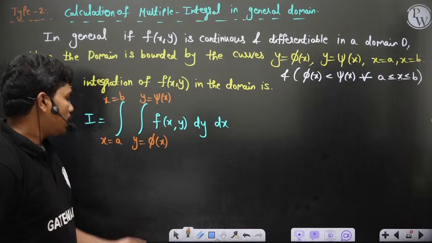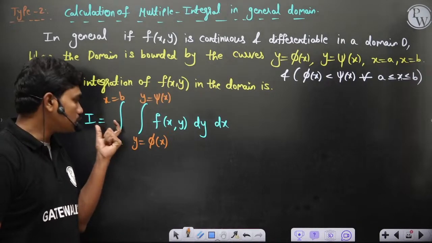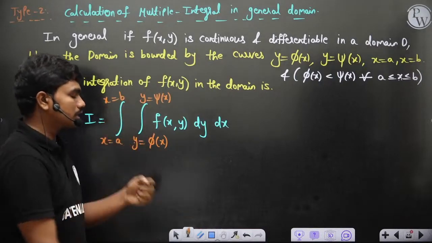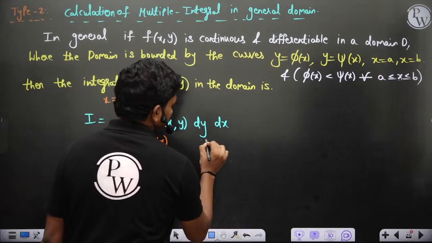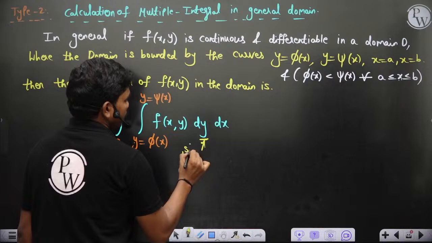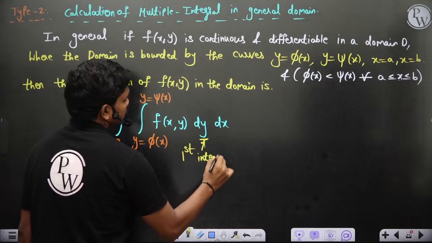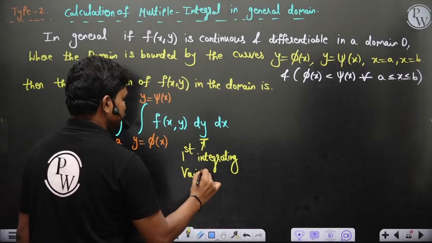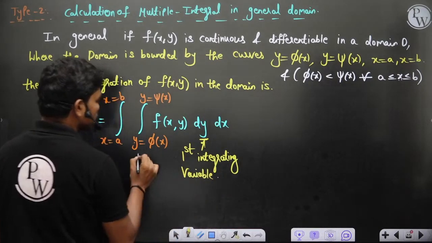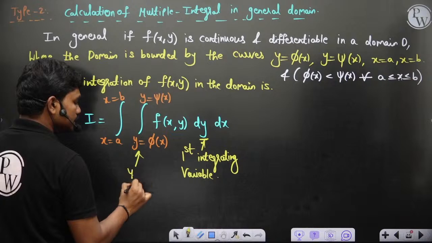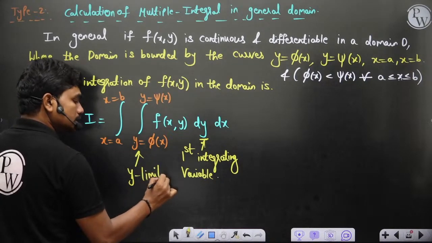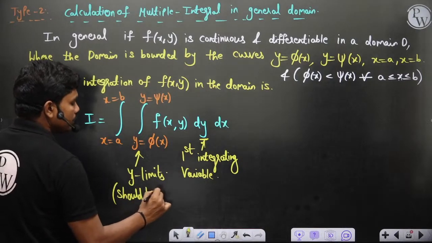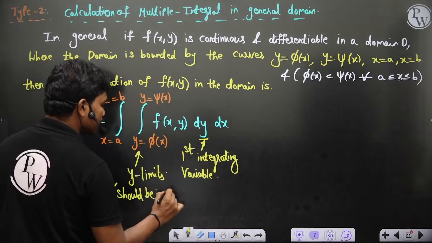So in general, only the outermost integral has constant limits. Every inner integral will have limits in terms of variables. So if y is the first integrating variable, the limits on the inner integral should be y limits, but these y limits should be functions of x, or in terms of x, since we are doing it in 2D.